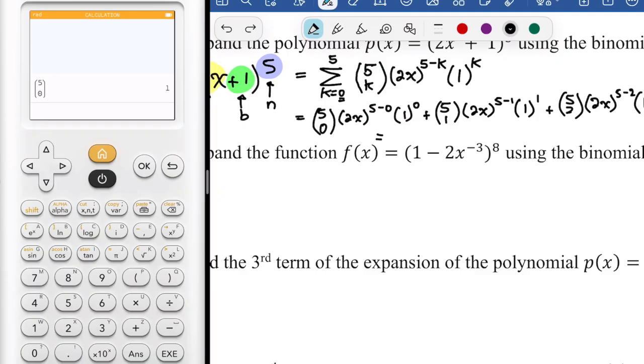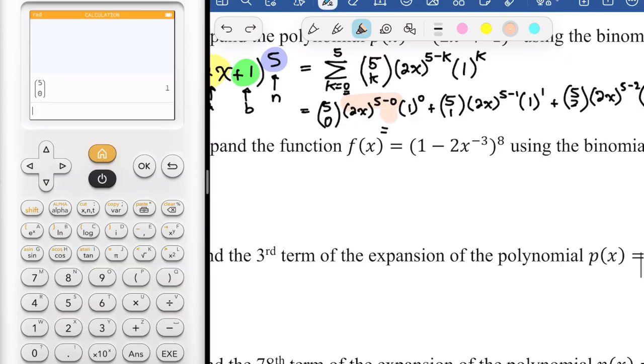Right, so here the only relevant part would be the 2x to the 5th power. 2 to the 5th is 32, so 32x to the 5th. All right, then I would have 5, again 5 with a 1, the result is going to be 5. All right, the other relevant part here, so we care about this and we care about this. 5 minus 1 is 4, 2 to the 4th power is 16 times the 5 is going to be 80.